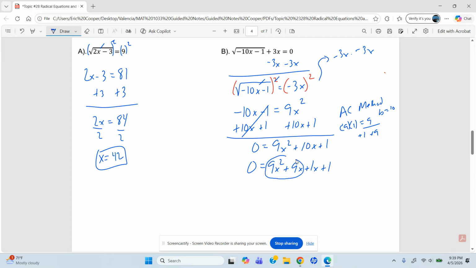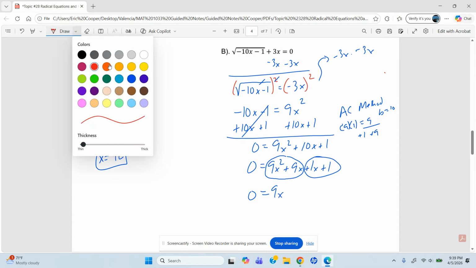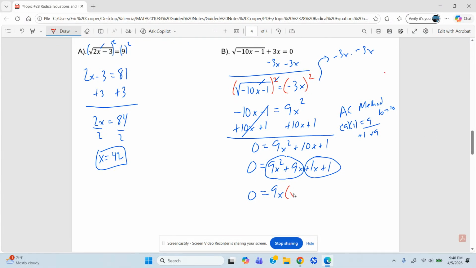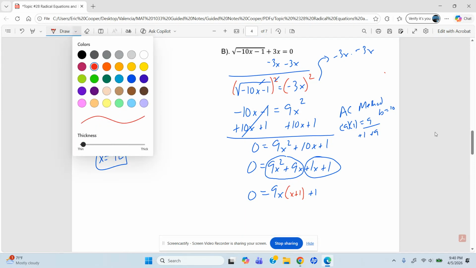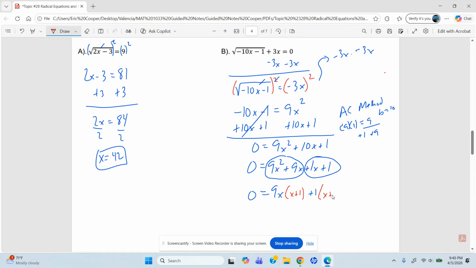So I can go ahead and do group factoring here. From the first group, I could take out a 9x, which leaves me on the inside with x plus 1. In the second group, there's nothing really to factor out here except a 1. And on the inside, that leaves me with x plus 1.